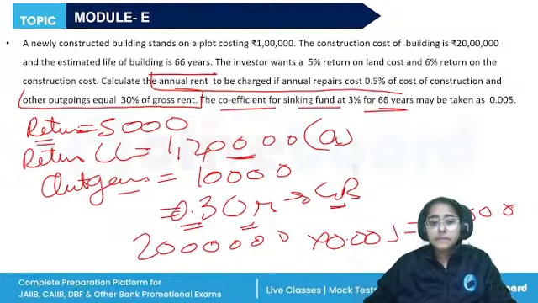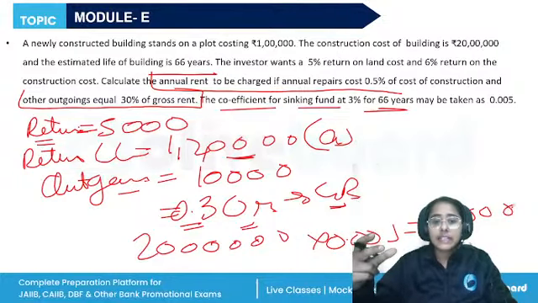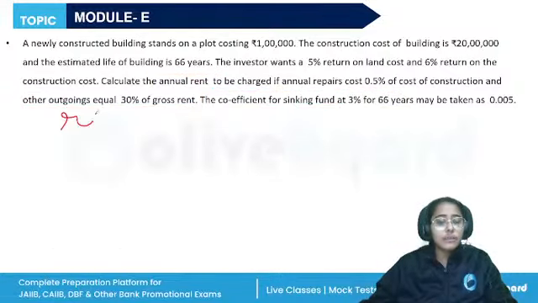Hence, the net income will be R minus 0.30R minus 20,000. So we equate these, we can calculate R is equal to 1,45,000.